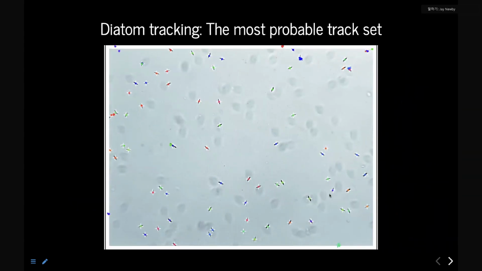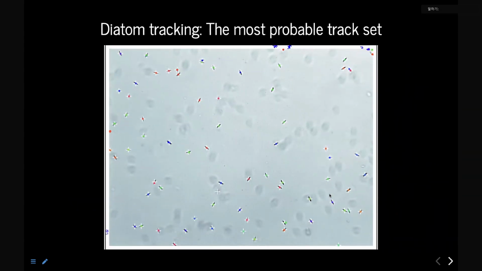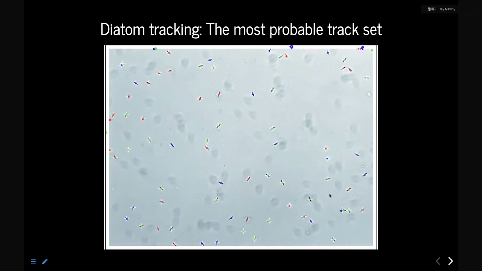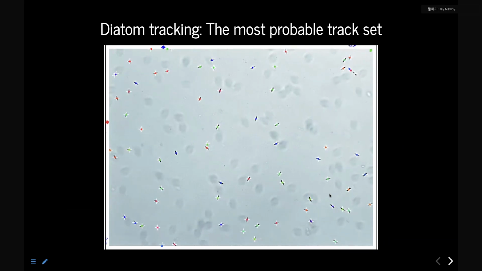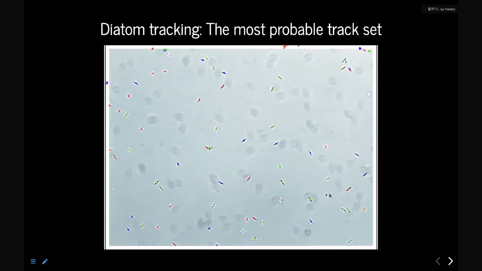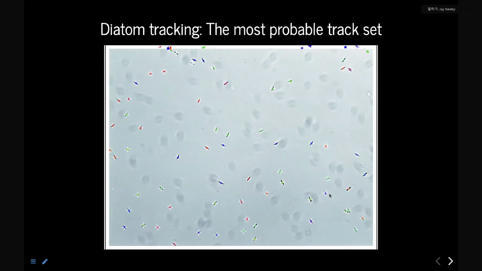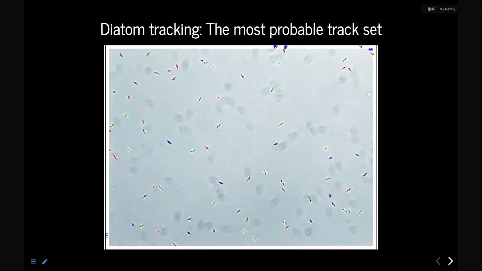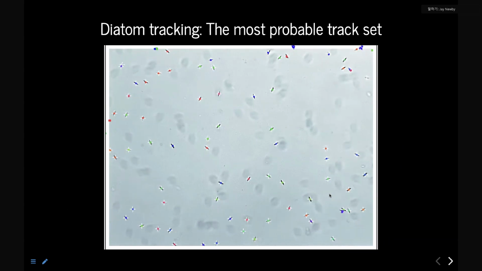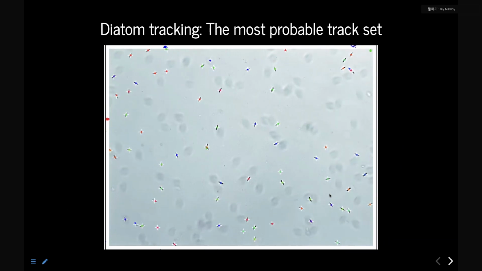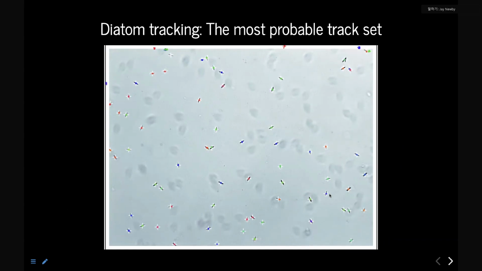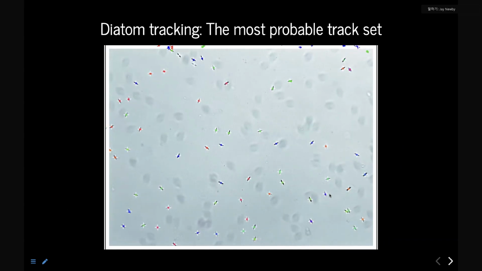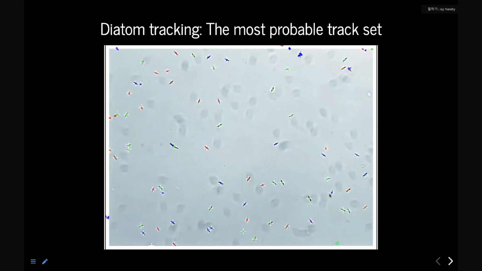Here's another example from the diatoms. Again, this is the most probable track set. And you can see that there are a lot more objects here. So we had to come up with some strategies and modifications to our algorithm so that everything scales really well with the size of the tracking problem, right?